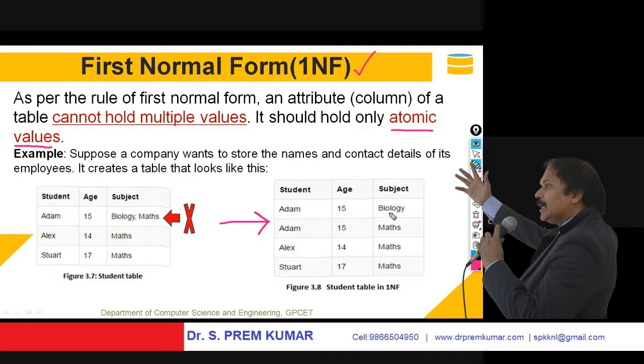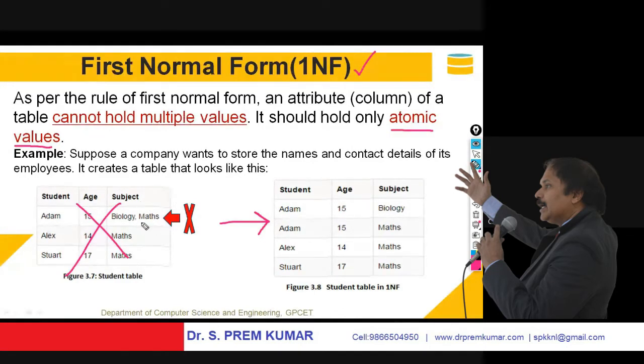Adam 15 biology, Adam 15 mathematics, Alex 14 mathematics, Strut 17 mathematics. This is right, compared to the earlier one. That was a wrong table, a wrong design. This is the right design. The row and column intersection should have single values.